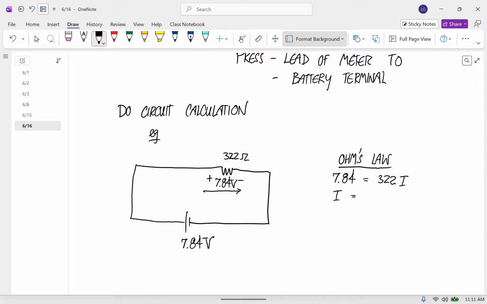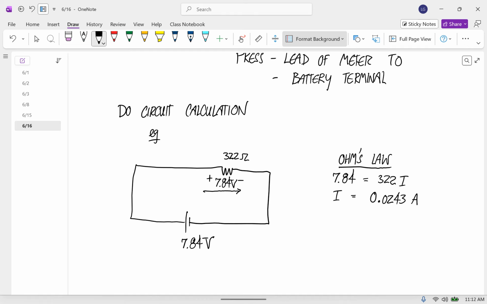And so we expect that current, in my case, to be 0.0243 amps. Yours is going to be different because you have different values of the resistance and the voltage. Okay.